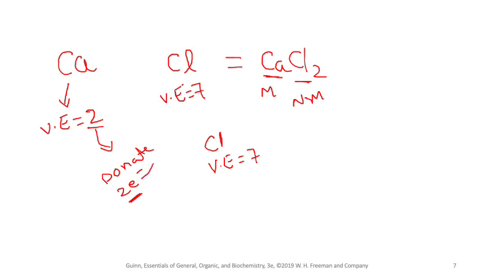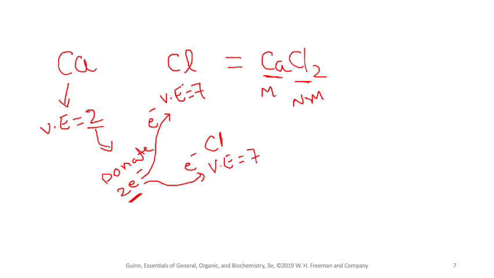So one of the electrons will go to this chlorine, the second electron will go to this chlorine. So now both of the chlorines have 1 extra electron. That means both of them get 8 electrons in the last energy level. In the valence, how many valence electrons are they going to get now? 8. So now they are stable.